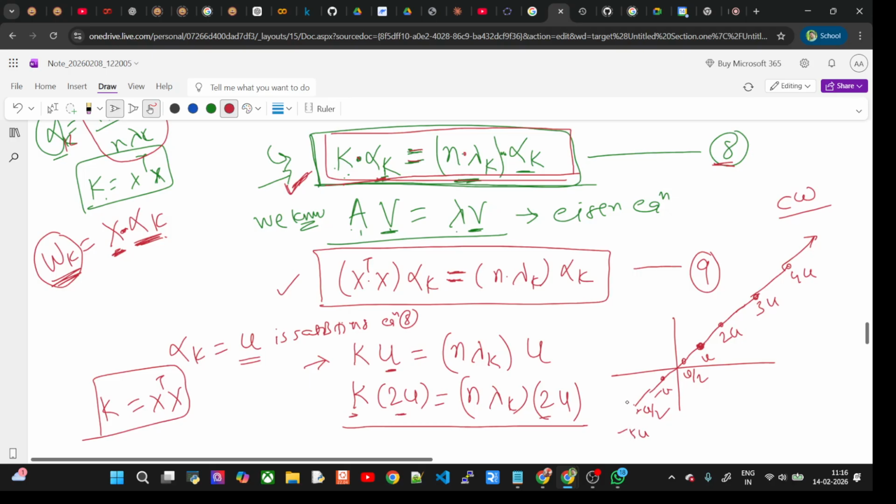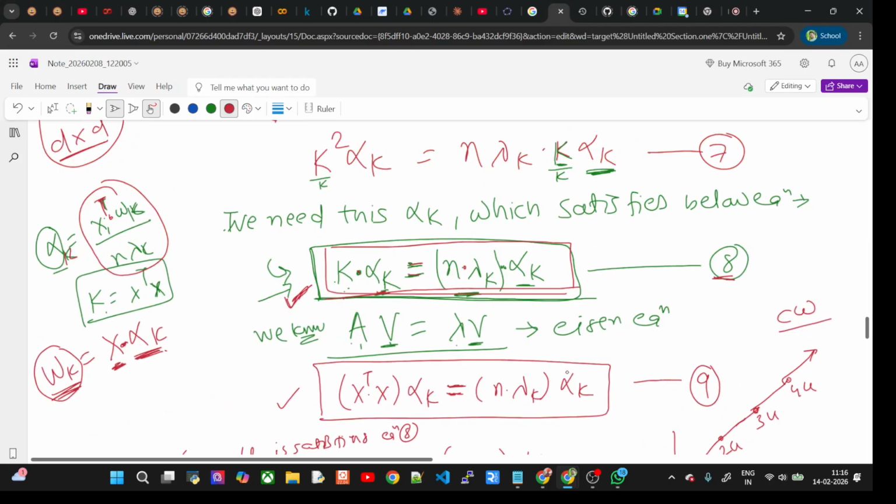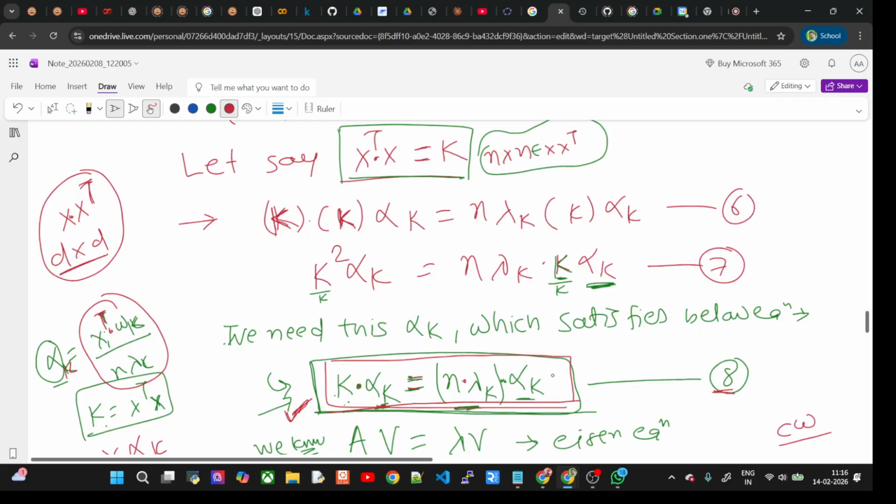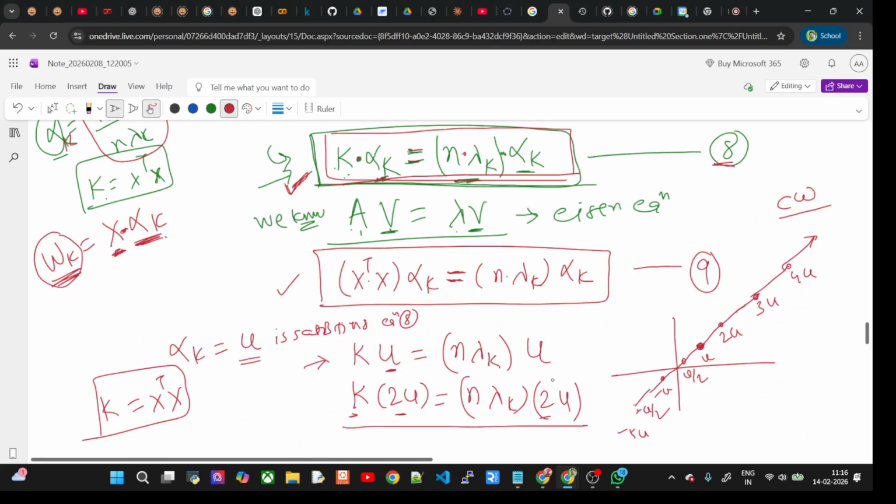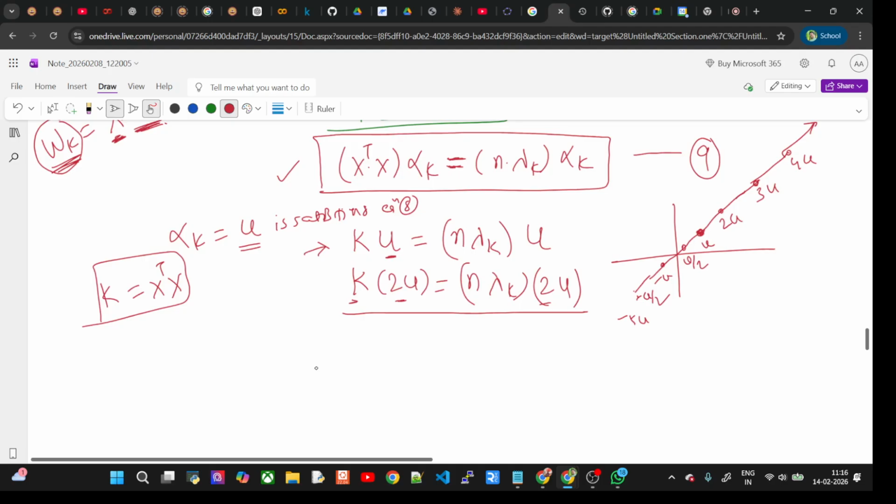So what is this in the actual equation? Let me write the equation one more time. Our earlier equation is c into wk equal to lambda k into wk. That is our earlier eigen equation, the normal PCA eigen equation.